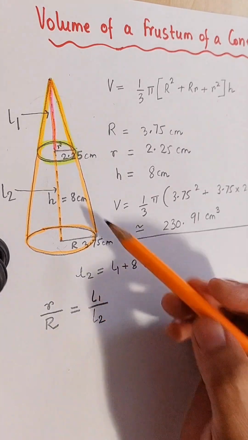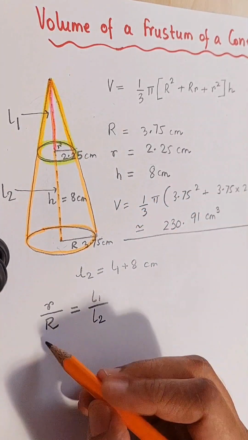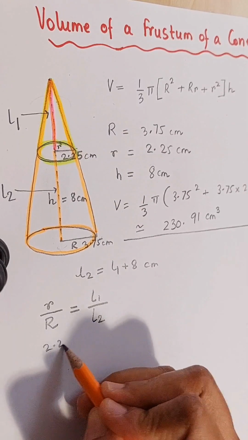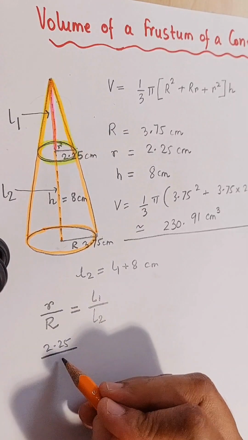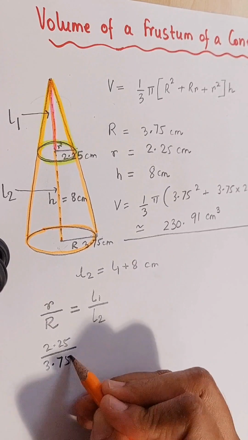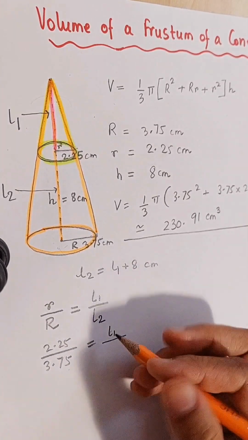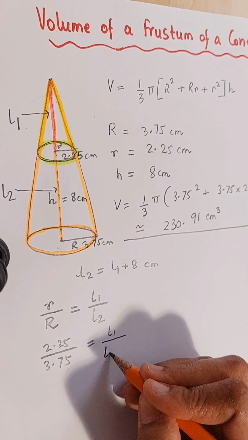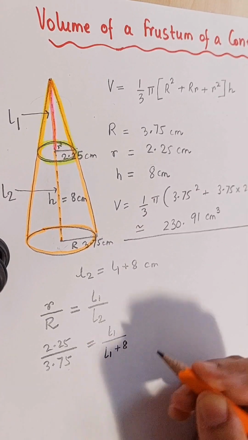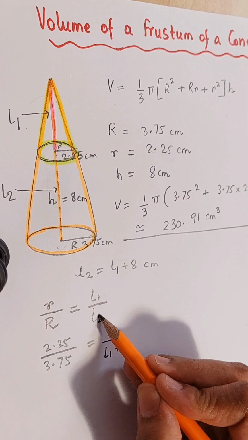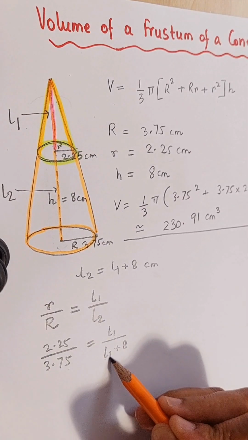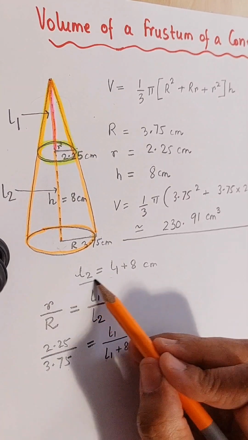So now if we substitute the values in this formula, we will get 2.25 over 3.75 equals L1 divided by L1 plus 8. So we are substituting the value of L2 as L1 plus 8.